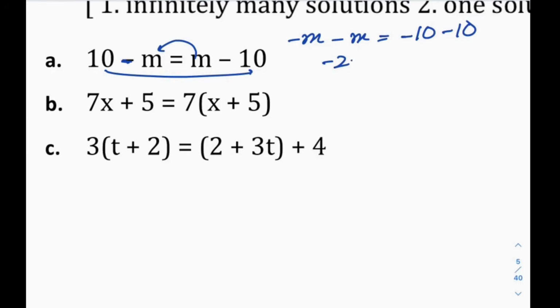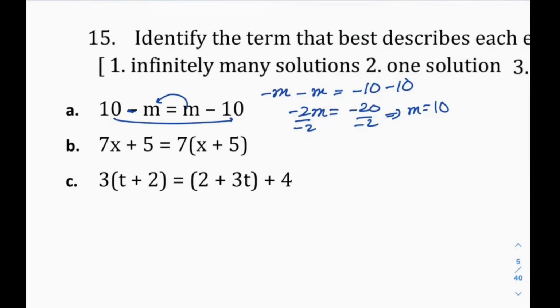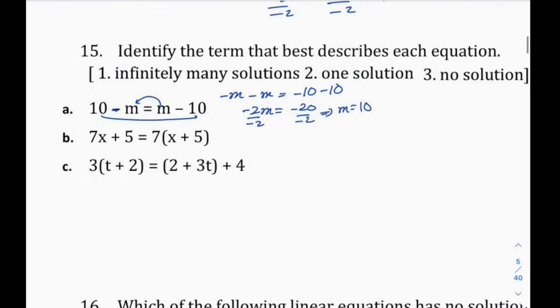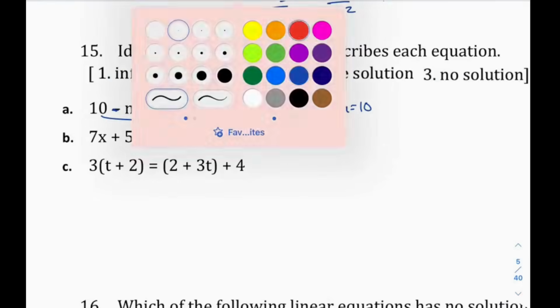This will be negative 2m equals negative 20, and it's very clear that it has a solution, which is 10. No need even to solve it to the end, because since m appears with a number, then it has one solution. So this one solution will be for A.